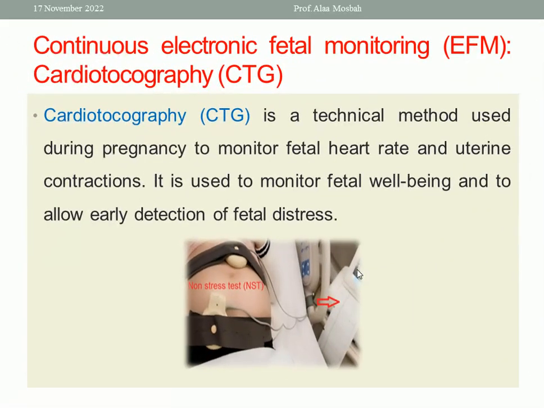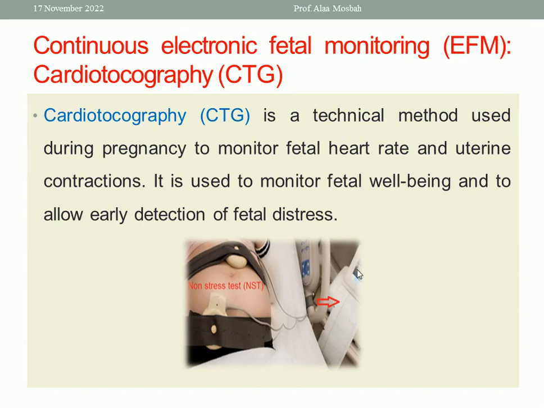Okay, let us go to the continuous electronic fetal monitoring, what's called CTG or cardiotocography, which is a technical method used during pregnancy to monitor the fetal heart rate and uterine contractions.